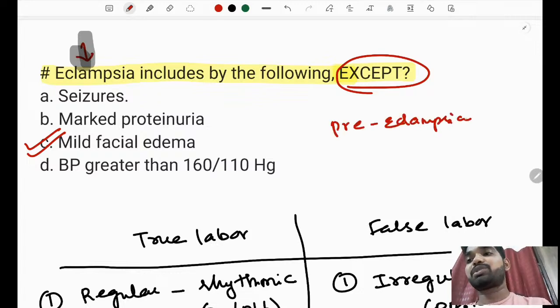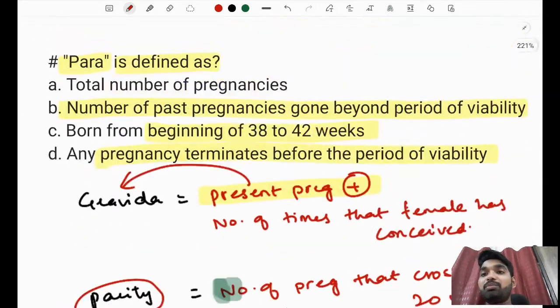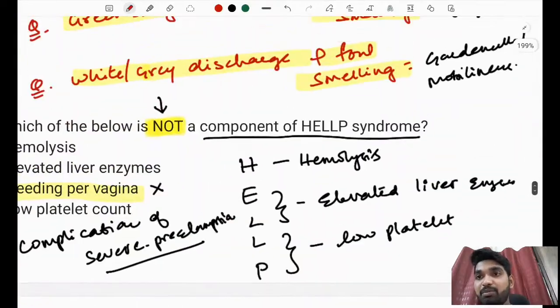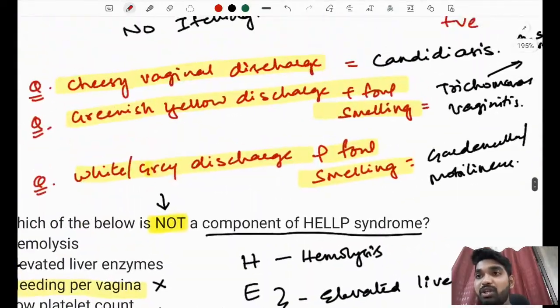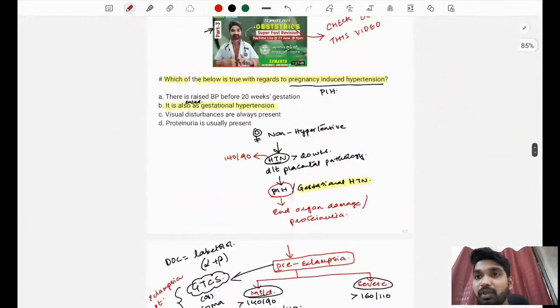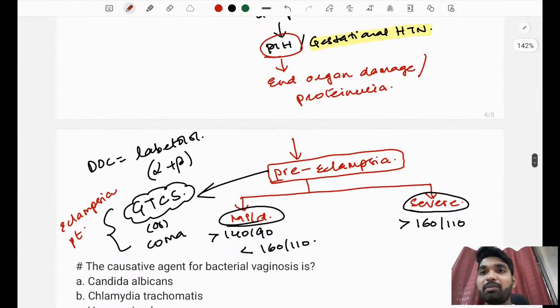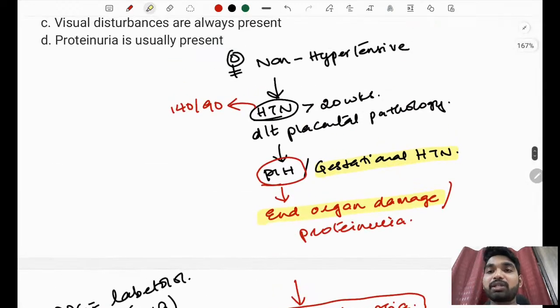if she develops seizures. Pre-eclampsia is nothing but hypertension with end organ damage. I think I have forgotten to say the signs of end organ damage. Let me tell you now. When I was discussing pre-eclampsia, I had not mentioned the signs of end organ damage.